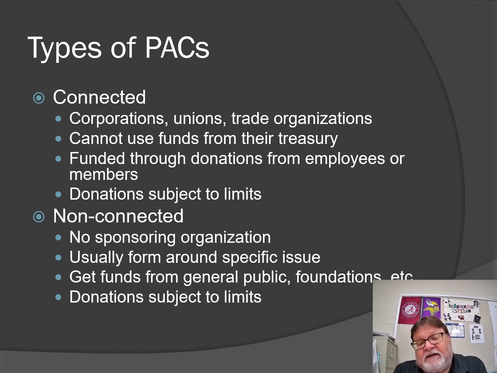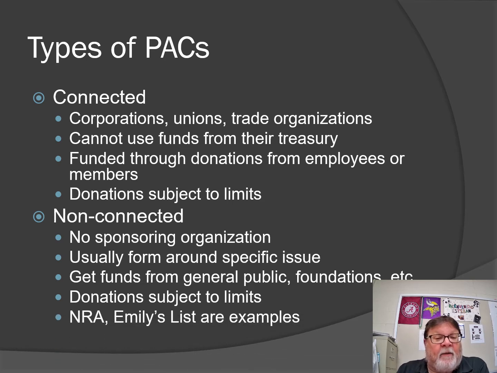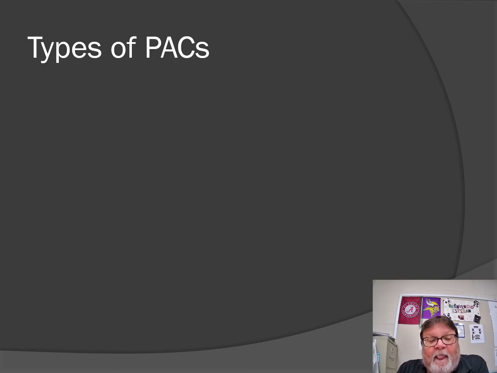The donations are subject to limits, the same types of limits. A couple of examples: the National Rifle Association is one of these, and Emily's List is one, each revolving around a specific issue. They solicit donations either from their members, as the NRA has members, or just from the public, as do any of these.